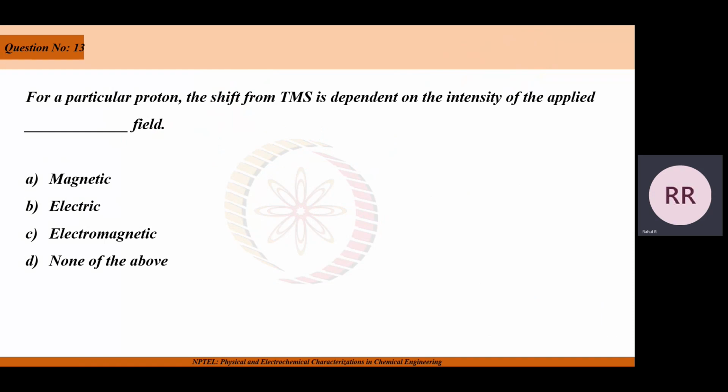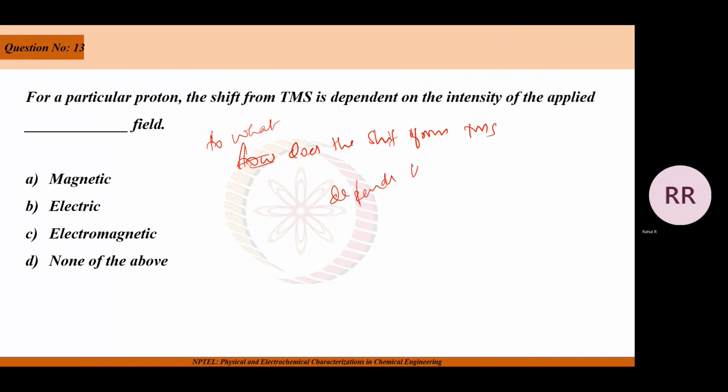The next question is: for a particular proton, the shift from TMS is dependent on the intensity of dash applied dash field. So what does the shift from TMS depend upon?